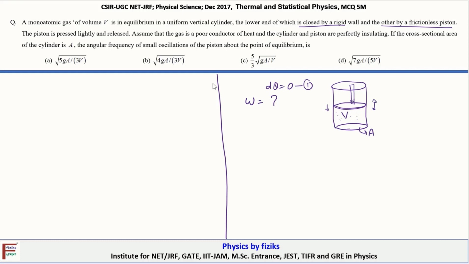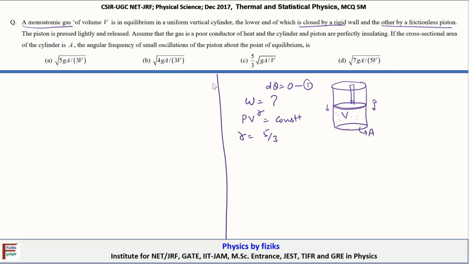Because it's an adiabatic process, PV to the power gamma is constant, and this is valid. The gas is monatomic, so we will need this information at a later stage. Gamma for a monatomic gas, you need to remember, is 5/3.